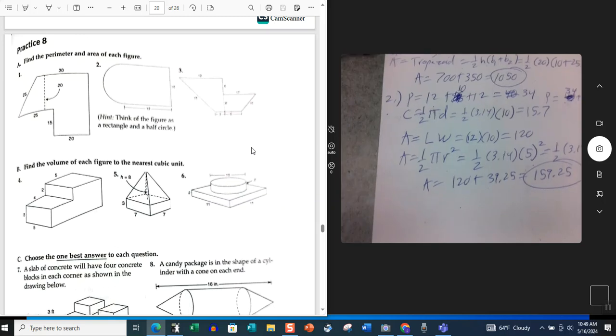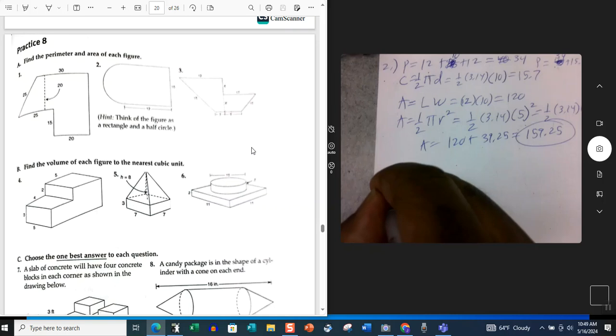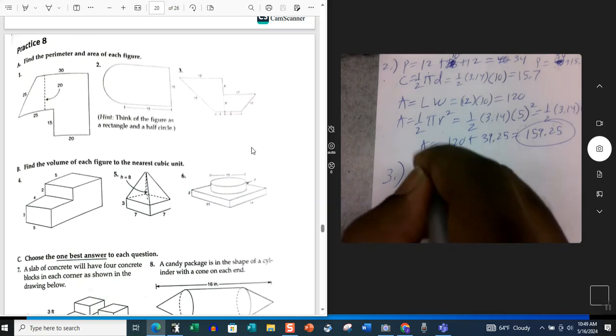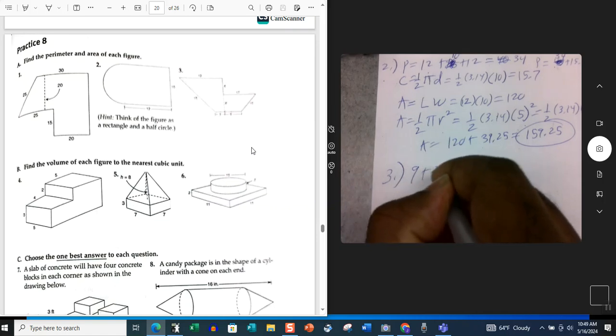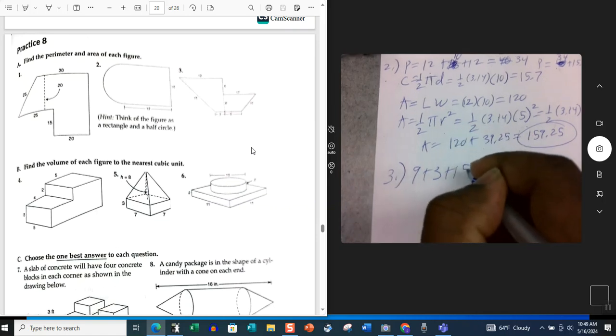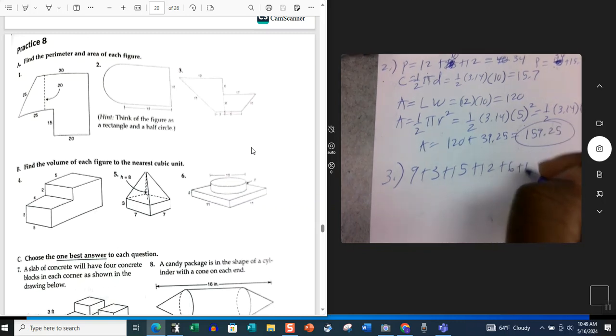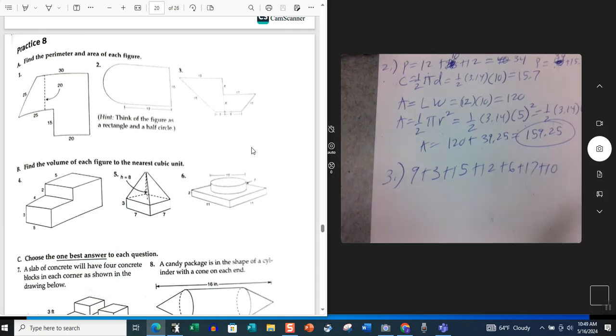So let's go here to problem number 3. Now we're going to do the perimeter. I'm going to start at the bottom and work my way around. So at the bottom we have 9 plus 3, 15 plus 12 plus 6 plus 17 plus 10. Now it gave us all of the sides.